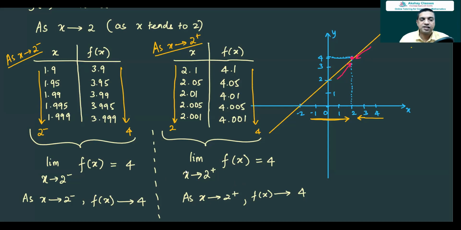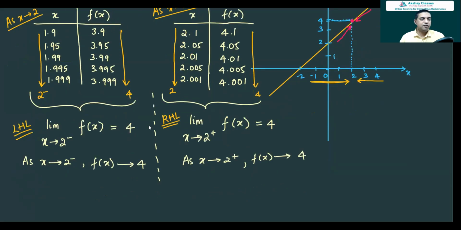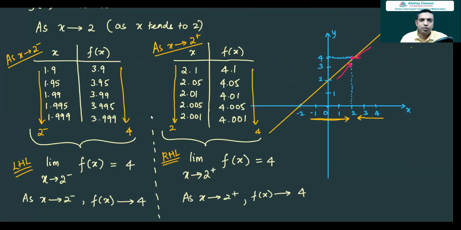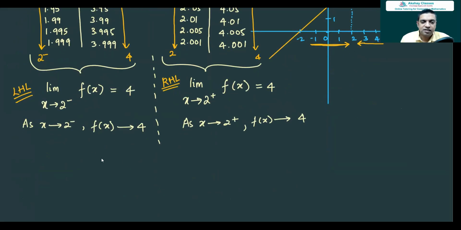So now both of these we know, we call this the left hand limit, and this is the right hand limit. So if the left hand limit is equal to the right hand limit, then we say the limit exists.